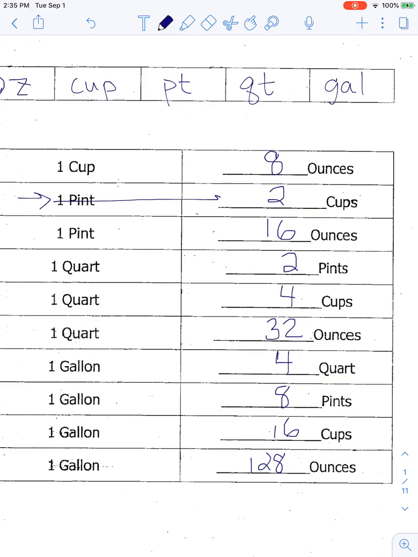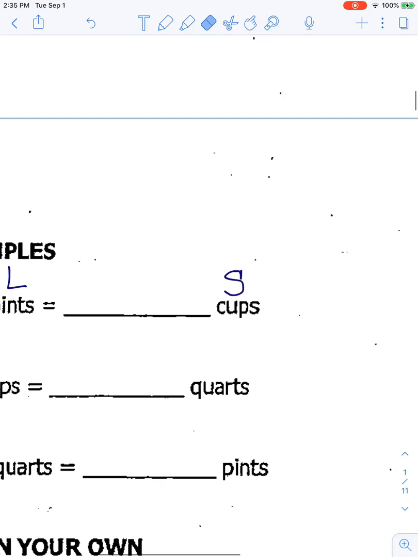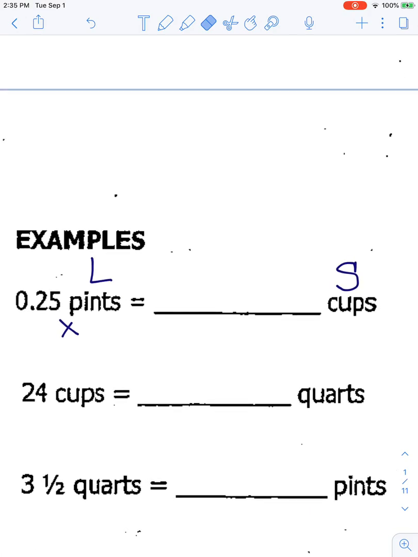So we're going to multiply by 2. Oh, sorry about the screen moving around. So a quarter, 0.25 pints, would be 0.5 cups.